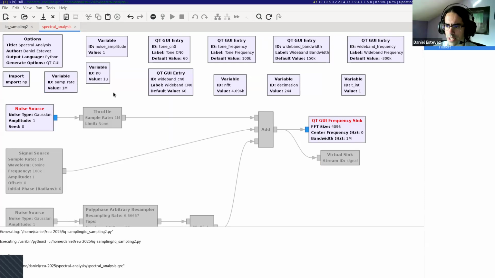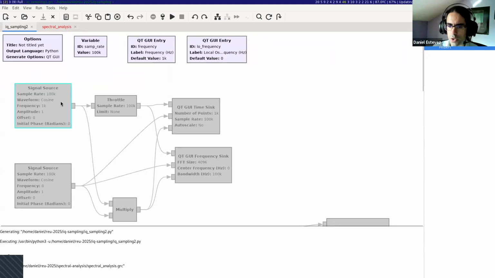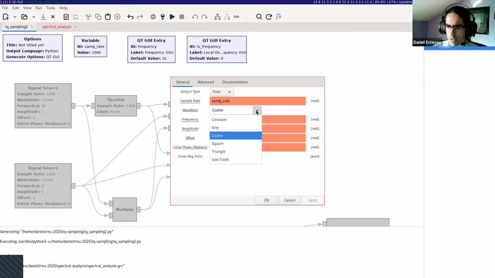The first thing I should let you know is how to simulate noise, because so far we have been generating signals with this signal source, which can generate some fairly simple deterministic signal types, such as a constant, trigonometric function, square wave, triangle wave, and sawtooth wave. If you have used any kind of audio synthesizer, maybe you are familiar with this.